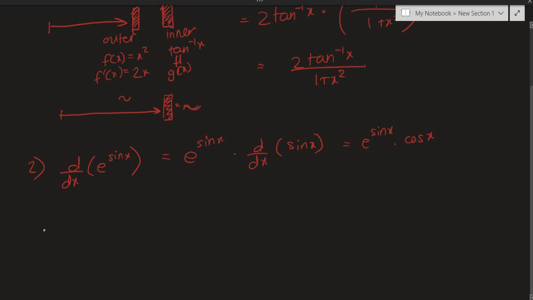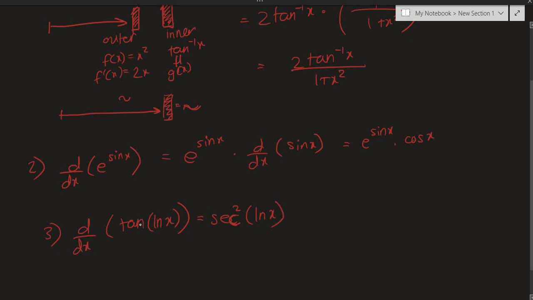Now let's just do another quick example over here. So we have the derivative of, say, the tan of the natural log of x. So as I said, you break the outer wall, keeping the inner wall intact. So what's the derivative of a tan? Secant squared of the inside argument, right? But since you're keeping the inside wall intact, we're going to write natural log of x as it is.